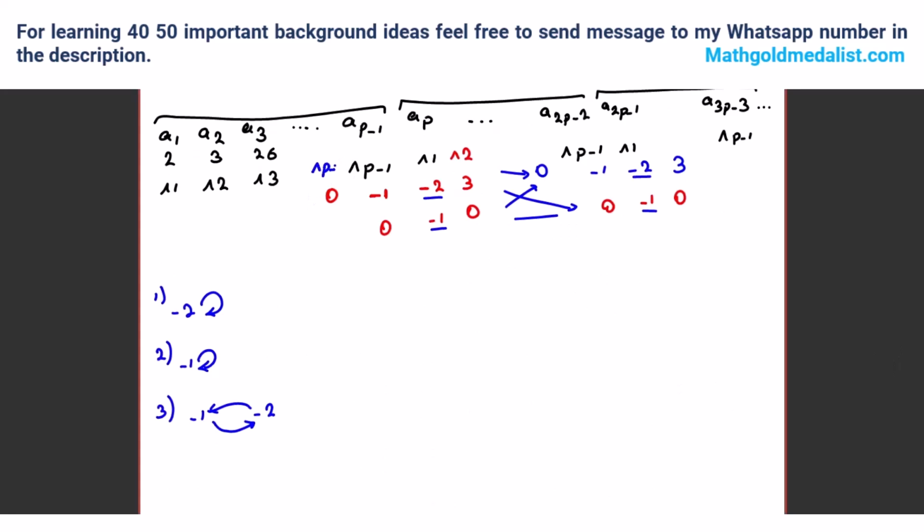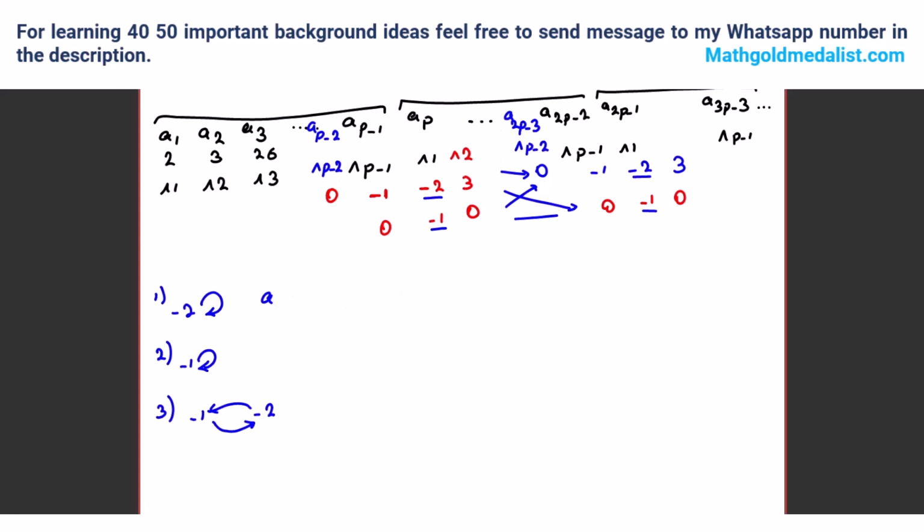We know something to the power of p minus 2. So we know it is ap minus 2, for example. ap minus 2 is what? Is 0. ap minus 2, or if we want to write the general form, it is 2p minus 3 raised to p minus 2. So it will be what?